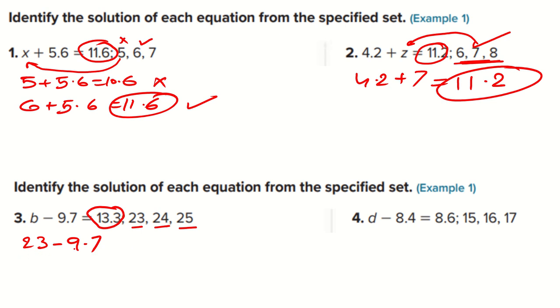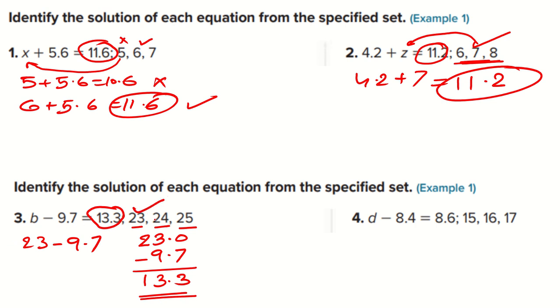In 23 we don't have a decimal point. So what we'll do? We'll write it one below the other, and here, up to the decimal point, write the decimal point and put 0. This is 10 minus 7, 3, then 12 minus 9, 3, and here it becomes 1. So luckily we got the answer the first time. So 23 is the correct answer.